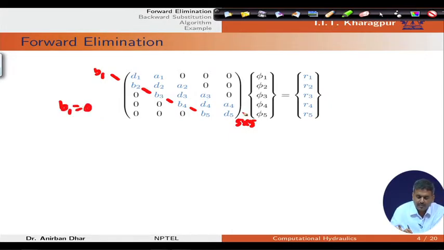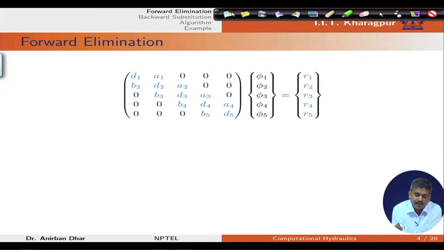At the same time, if we consider A5, obviously A5 will be 0 in our calculation. But D1 to D5 will be there for our calculation process. And phi, these are as usual.